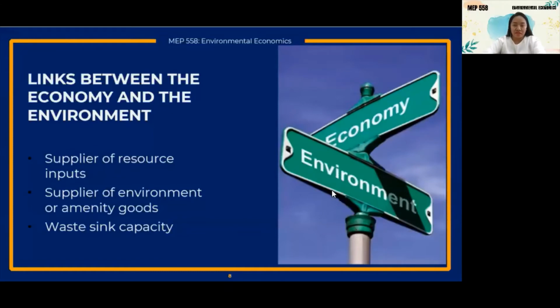These economic sectors use the environment in different ways. I have here three main ways that the economy uses the environment: the environment as a supplier of resource inputs, a supplier of environmental or amenity goods, and waste sink capacity.